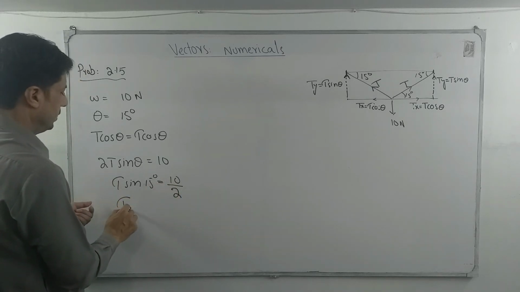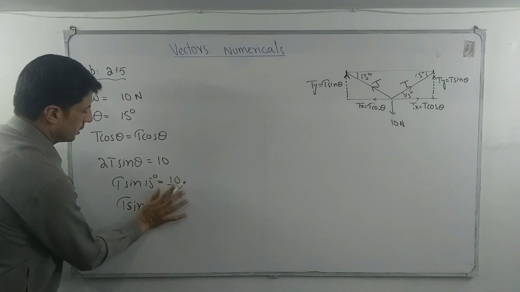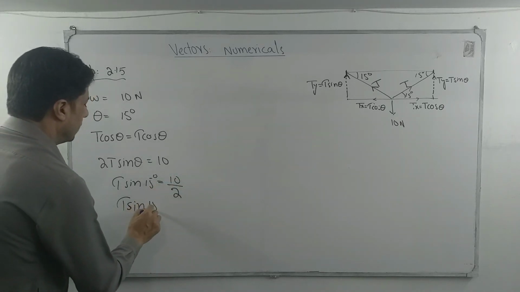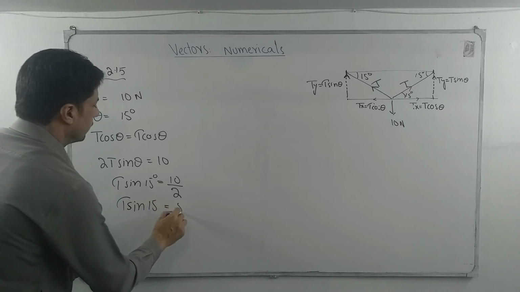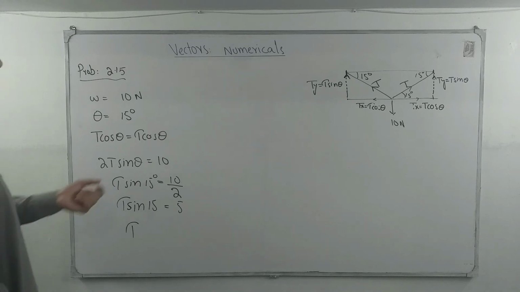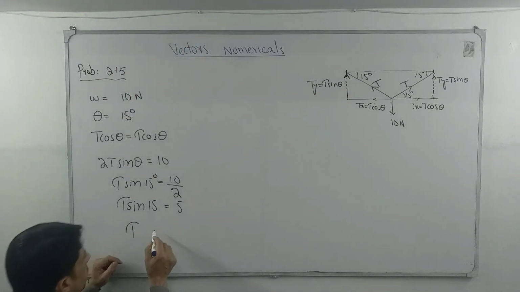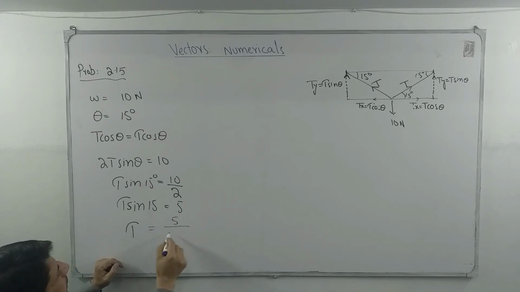So T sine 15 degrees is equal to 5. We need to find the tension in the string and the tension in the distorted line, and that T is equal to 5 divided by sine 15.